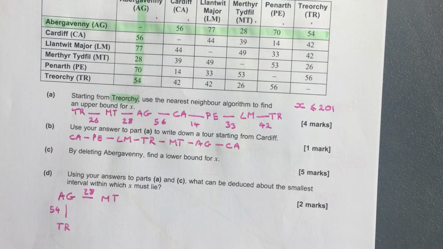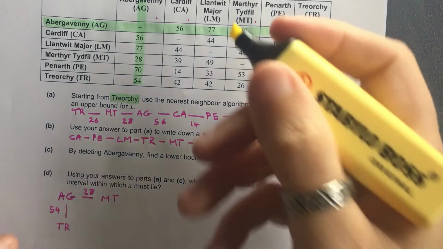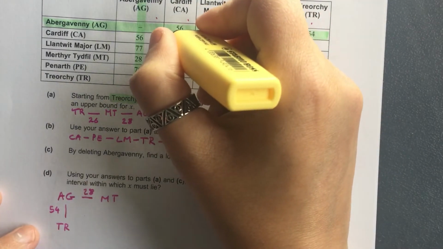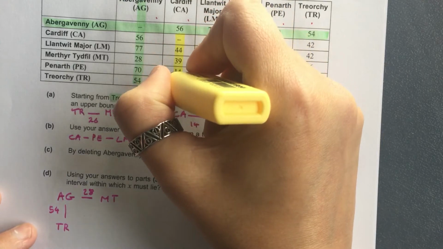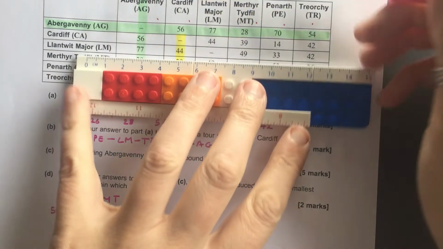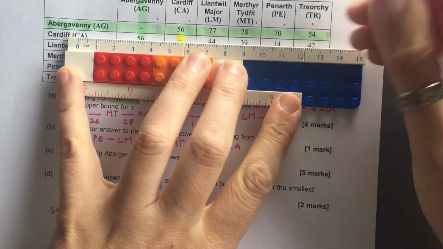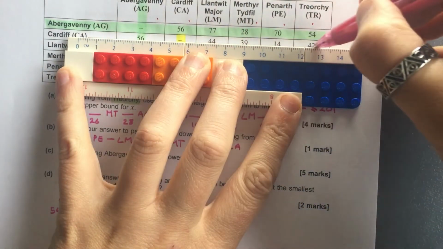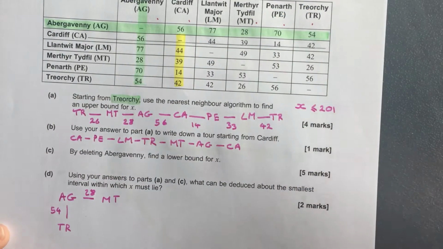So from here, we're doing Prim's on tables. It's always easiest to start at the first one. So if we highlight the column and cross out the row, we are looking for the smallest thing in our highlighted column.